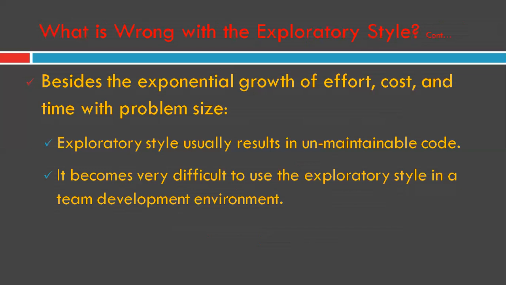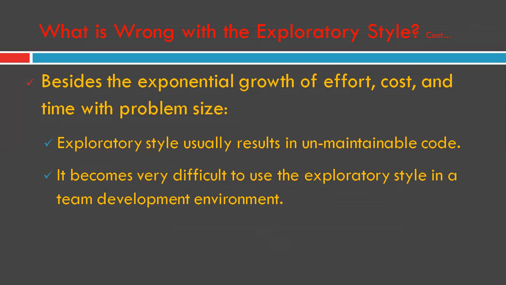The answer is that it is very difficult to apply decomposition and abstraction principles to completely overcome the problem complexity. So using this model, there is exponential growth of development time and effort with the problem size, and large-sized software becomes almost impossible using this style of development.